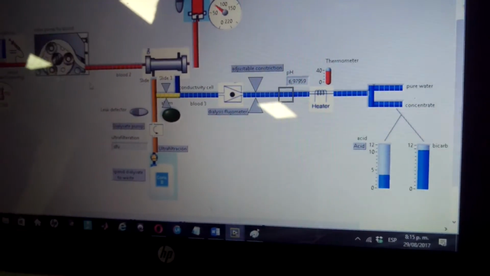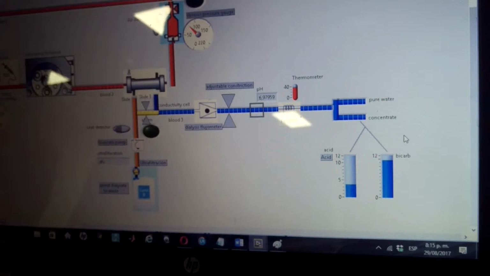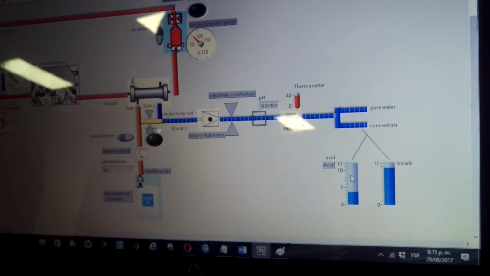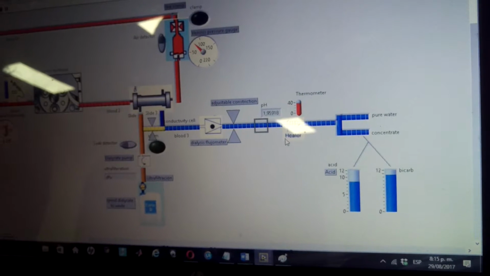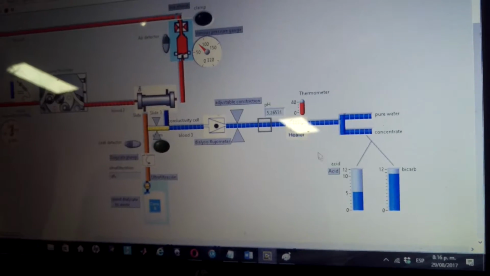Okay, in this part we can find the water source, pure water, and a concentration for acid and bicarbonate. Then we can choose the pH of the source of water to control the pH in the blood.